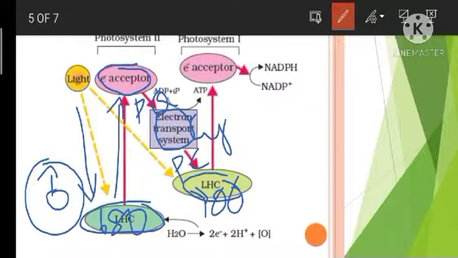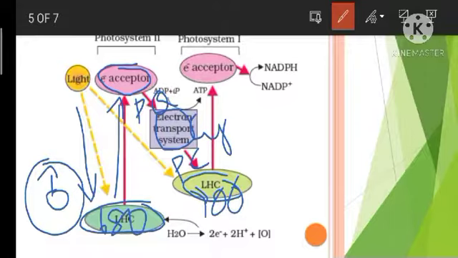When one molecule is accepting and losing the electron, that carrier gets reduced and oxidized, isn't it? When it is getting the electron, it gets reduced, and when it is losing the electron, it gets oxidized. So like that, the electron carriers will be oxidized and reduced, and at last the electron will be passed on to P700, that is photosystem 1.